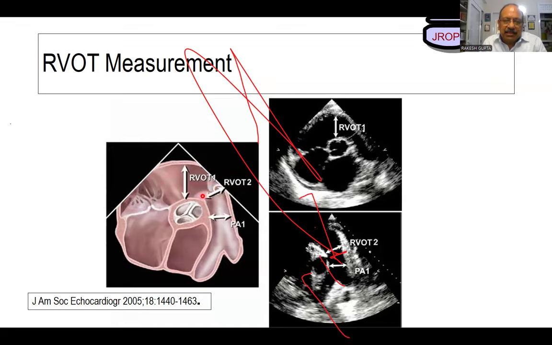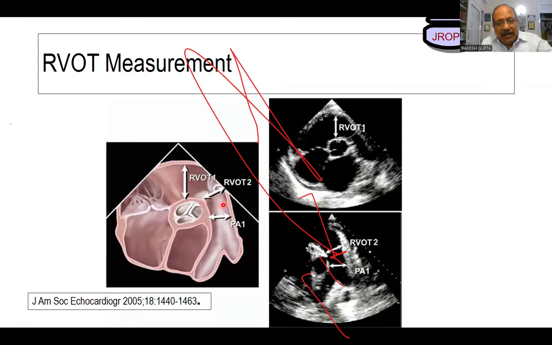And this is the dimension, D. Divide by 2 will become radius. And to calculate area from a radius is pi r square, times RVOT VTI. That will give you stroke volume across this pulmonic valve. What is the importance of this?